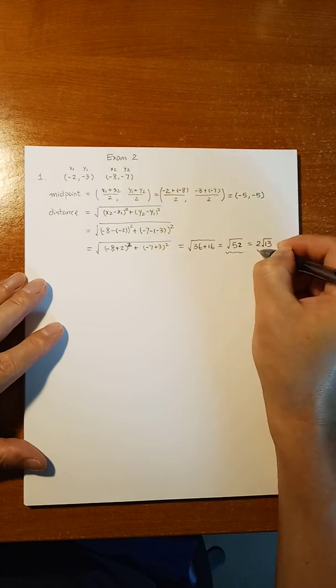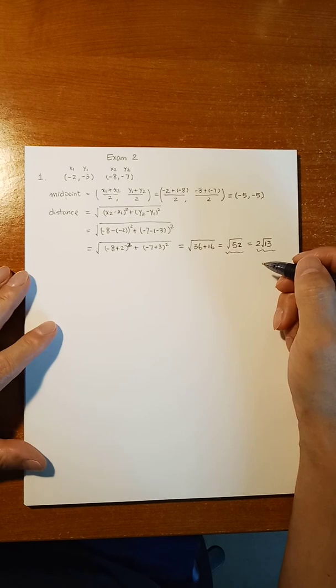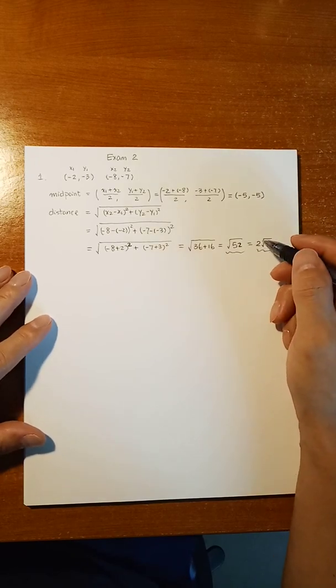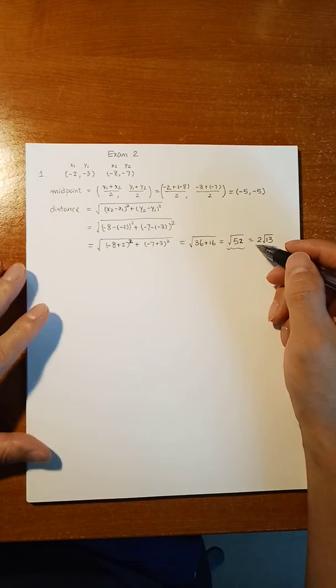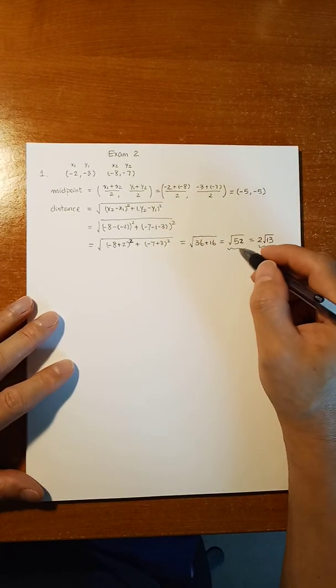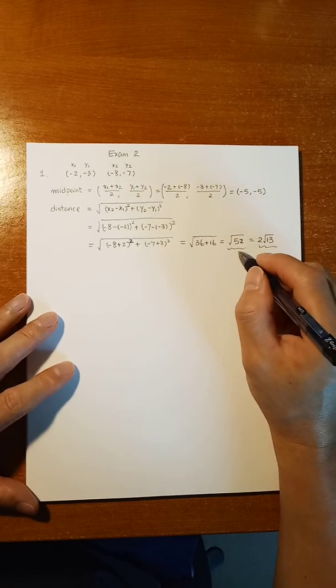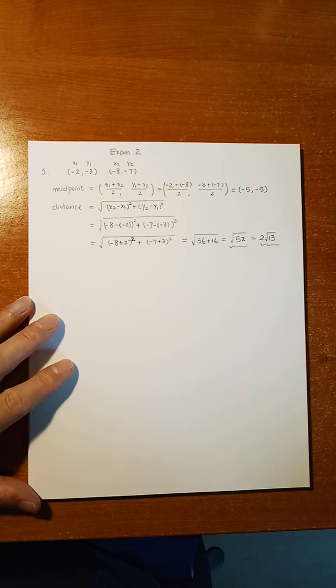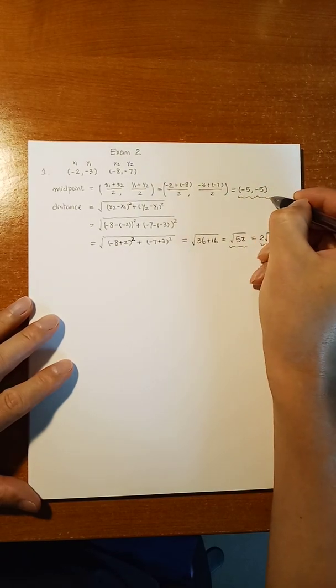Both correct. But don't give me the approximation, like 7-point stuff. That's incorrect. Okay? The approximation is totally incorrect. We are looking for the accurate answer. Okay, so this is the answer.